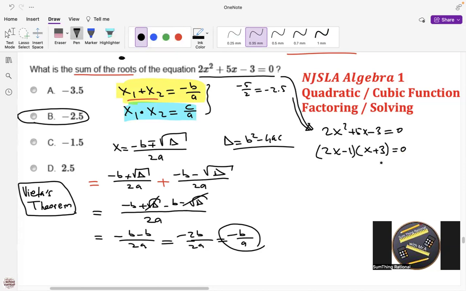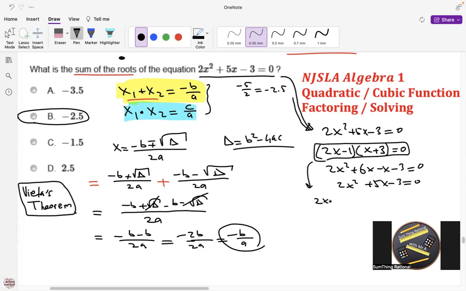Sometimes we are lucky on the first try. 2x times x gives 2x squared. 2x times 3 is plus 6x, minus x and minus 3, is equal to 0. Then from here we get 2x squared plus 5x minus 3 is equal to 0. So we have the factored form. From the factored form, 2x minus 1 is equal to 0 and x plus 3 is equal to 0.